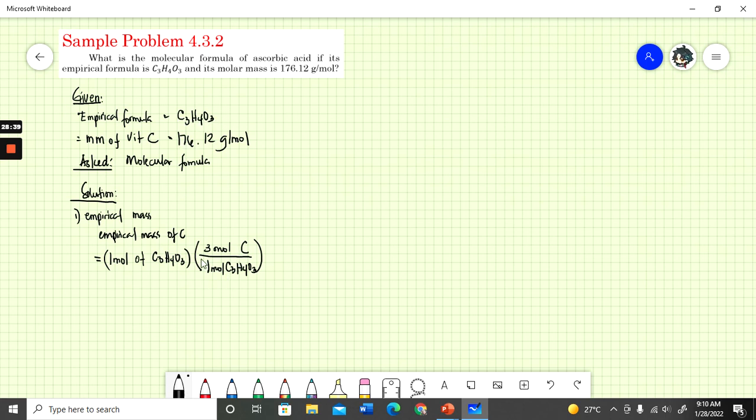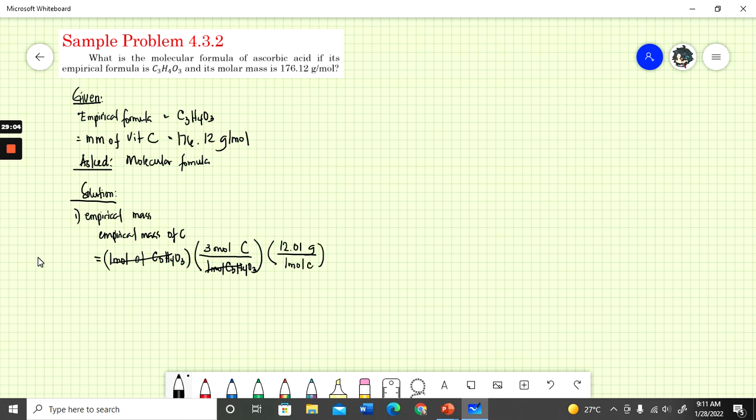So this is where we got this, and then we can cancel this right here. Then we multiply this by 12.01 grams per 1 mole of C.